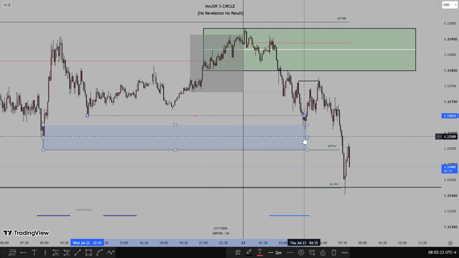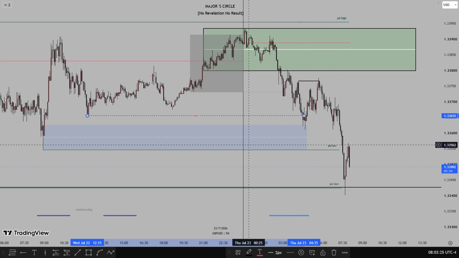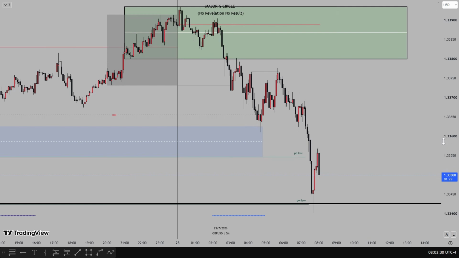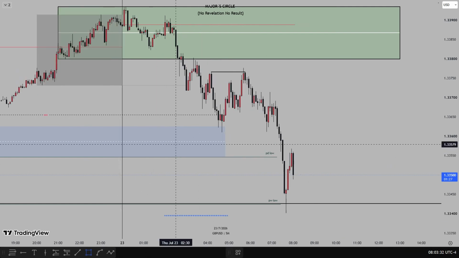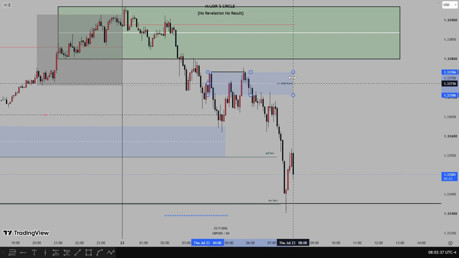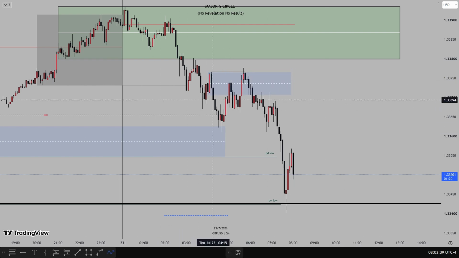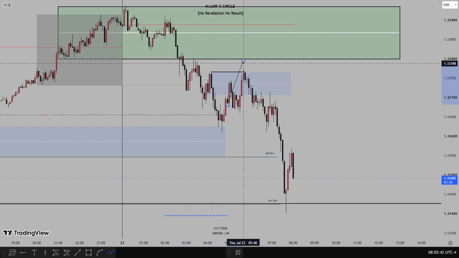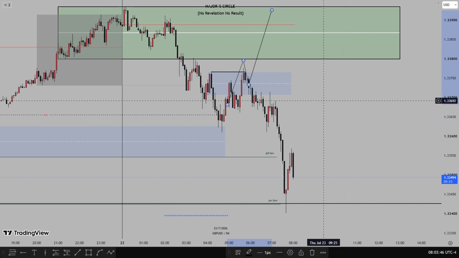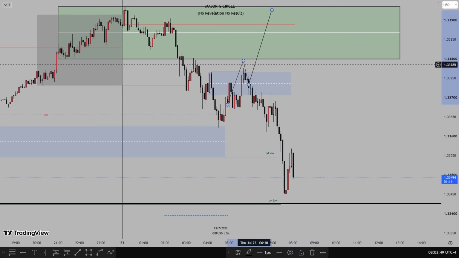So this one was just used as an inducement zone to trick people. Initially, somebody may think of this zone as a bullish breaker that would support price to go higher, and price would move in that intended direction. But no, it doesn't happen that way.